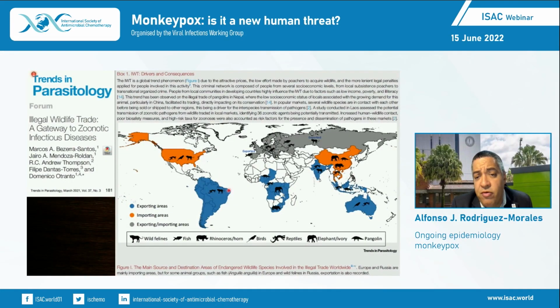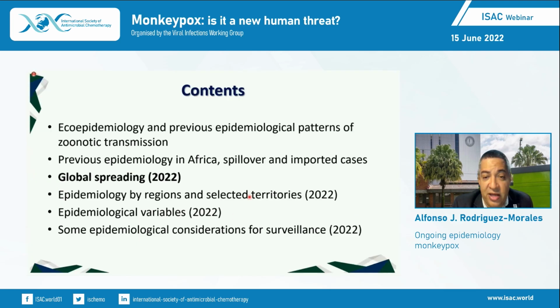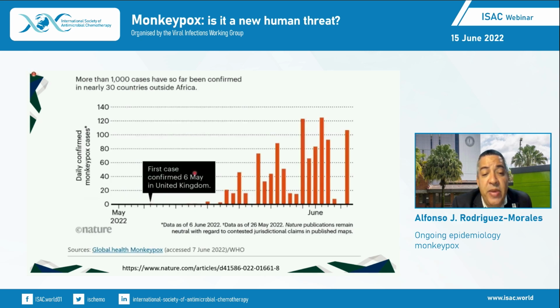And this outbreak reminds us of the importance from the epidemiological point of view of the problem related to illegal wildlife trade, which is the gateway to zoonotic infectious diseases, as was, for example, the case of SARS-CoV-2 and many other coronaviruses. But right now, probably this situation applies to many other viral infectious diseases. Right now, the concern began, especially in the United Kingdom, after the first case confirmed on May 6th.